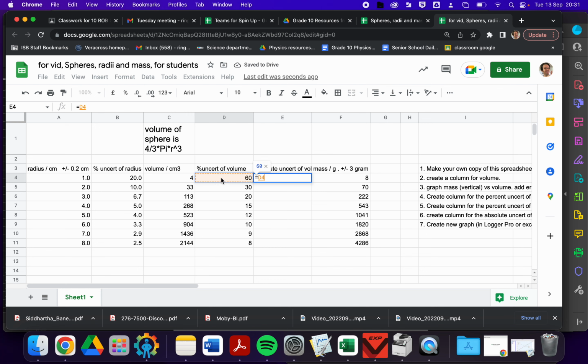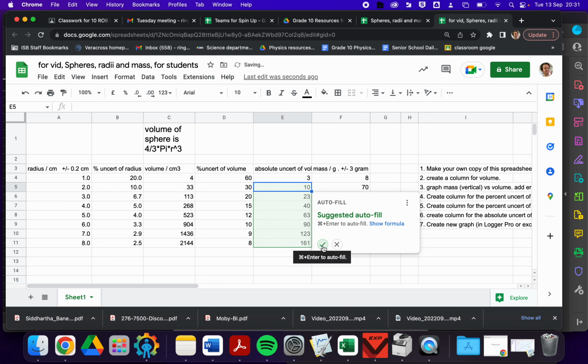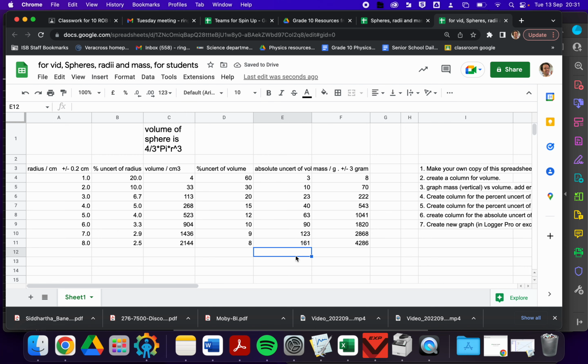I'm going to take this percent uncertainty of volume, divide it by 100 to turn it back into a relative one, and then multiply that by the volume here. Hit equals, and then fill down, and there I have it. So now I'm going to need to make a graph that shows those absolute changing uncertainties, which will be another explanation.